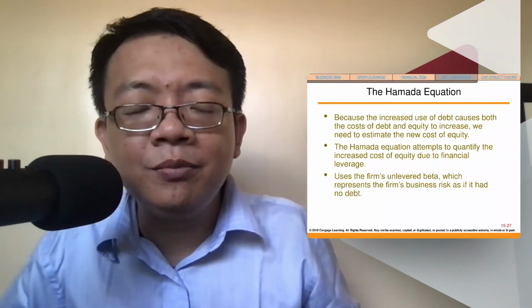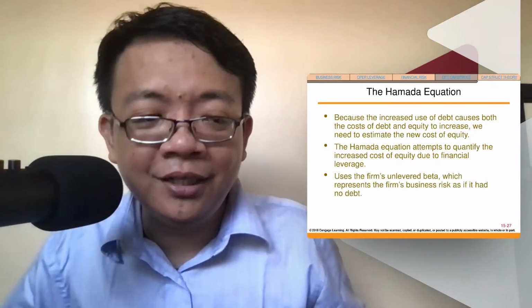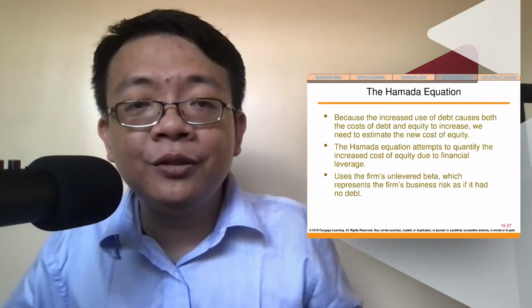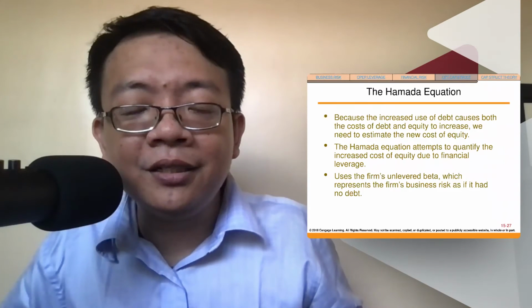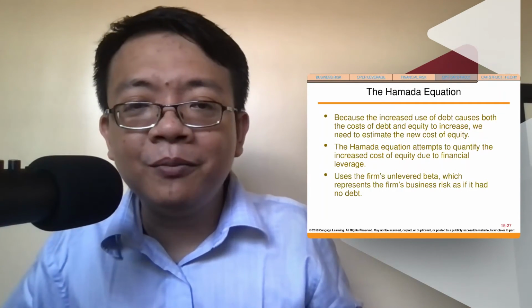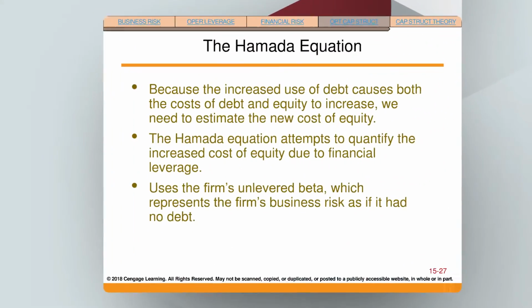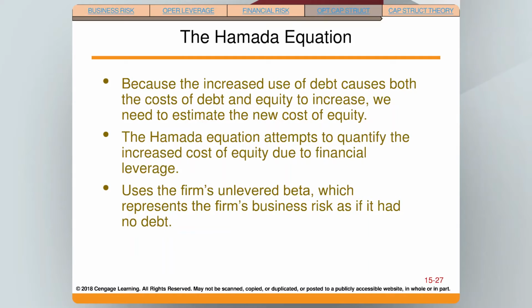The beta here is basically what? Diba? To measure your risk. In terms of systematic risk only, not unsystematic. Because, bakit? Systematic risk is you cannot control. That's why it is only for your systematic risk.